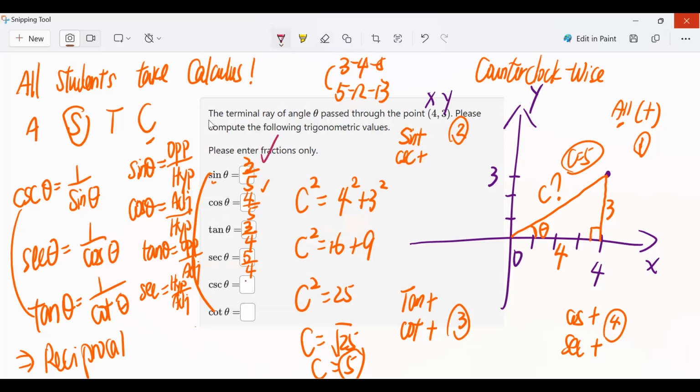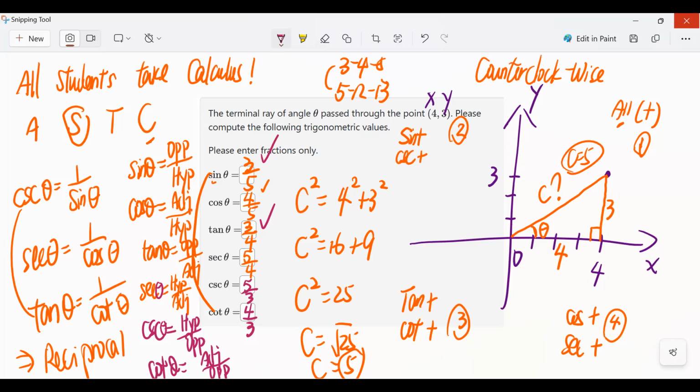Reciprocal of this, so it's 5 over 3. Also, cosecant is the hypotenuse over opposite, if you want to go by the definition. And then cotangent is adjacent over opposite. Adjacent in this case will be 4 units over 3 units. You can also use the reciprocal of tangent. Reciprocal of 3/4 will be 4 over 3. Okay. And that's basically how you handle this.